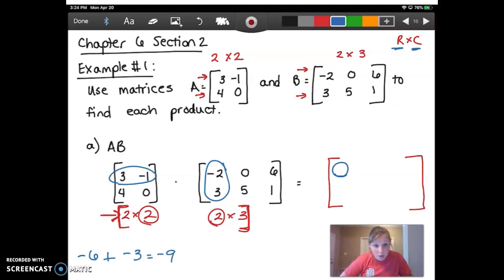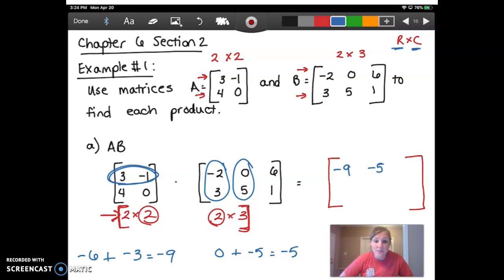This gives me a value of negative 9. So my first row, first column is negative 9. Then to move to the next term, it would be the first row, second column. So this would be 3 times 0, which is 0, plus negative 1 times 5, which is negative 5. So 0 plus negative 5 is negative 5.